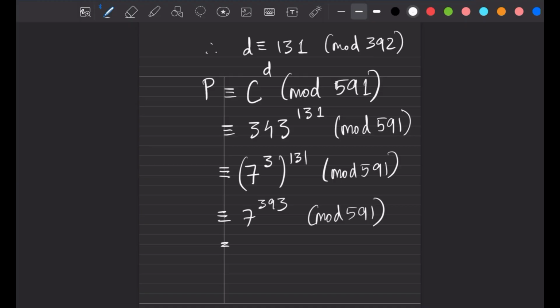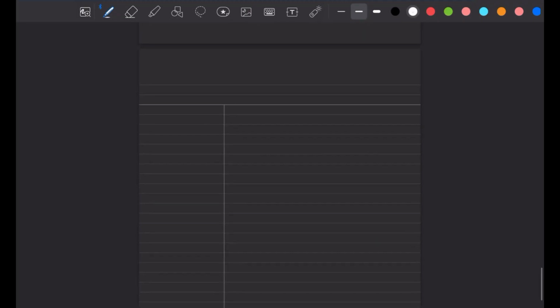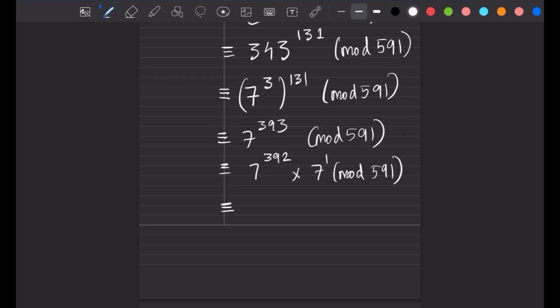Again, using the law of indices, you will notice that this is nothing but 7 raised to 392 multiplied by 7 raised to 1 modulo 591. Now again, 7 raised to 392, if you remember, is nothing but 1 modulo 591.